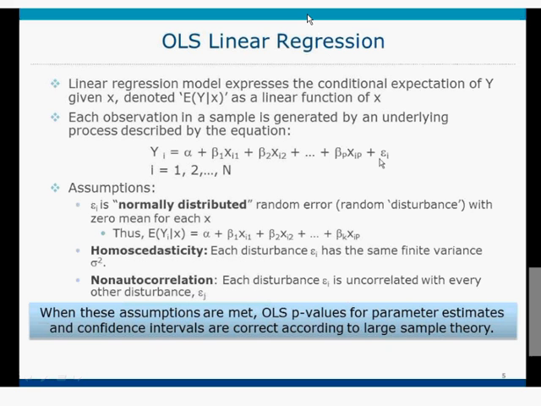The assumption made in linear regression is that the error term is normally distributed with zero mean for each set of values for the x's. In other words, for a given individual i with values for the x's, the prediction we use is the expected value, so we predict at the mean.